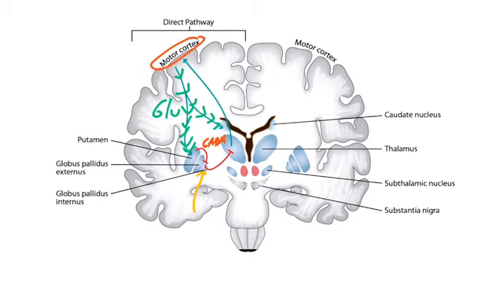Now the globus pallidus internus normally inhibits the thalamus by releasing GABA, specifically at the ventrolateral nucleus. We'll just write VL. The nuclei of the thalamus, which include the VL, are important, and they are discussed in the thalamus lecture of this chapter.